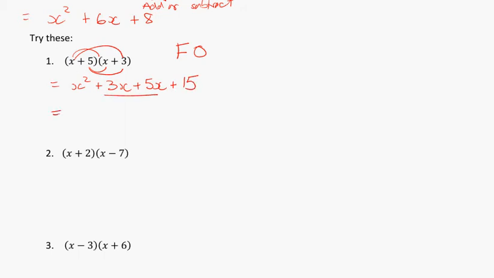Simplify your middle terms: x squared plus 3x plus 5x is 8x, and plus 15. And you stop there. Don't try and add 15's to x's or x squareds to x's.